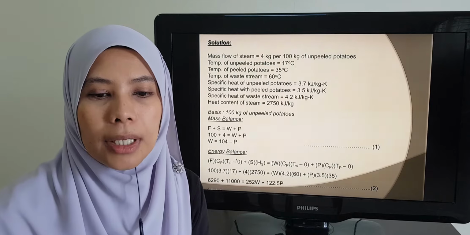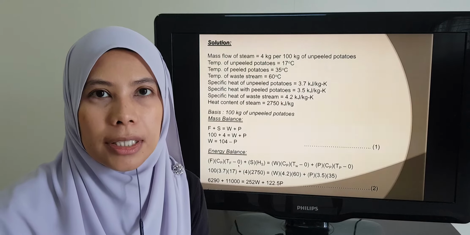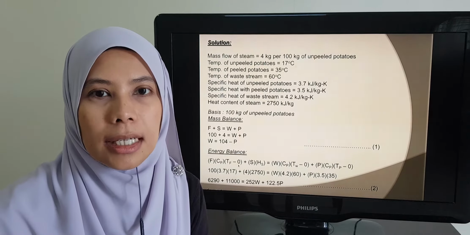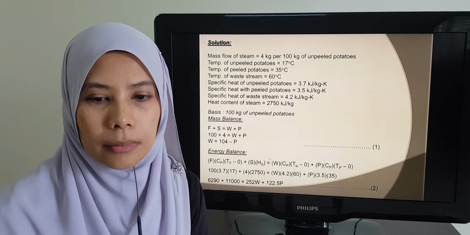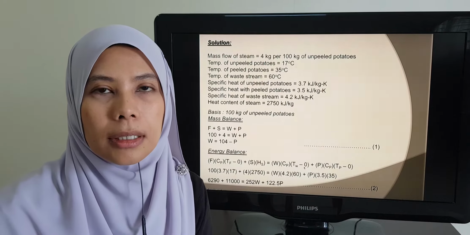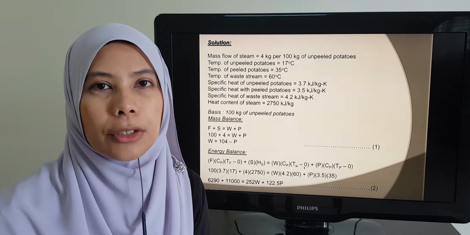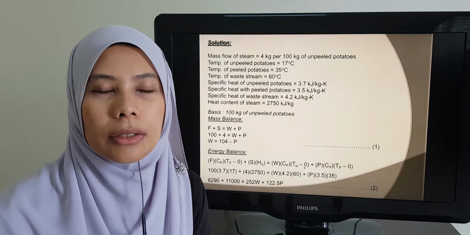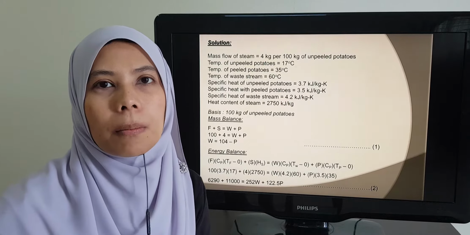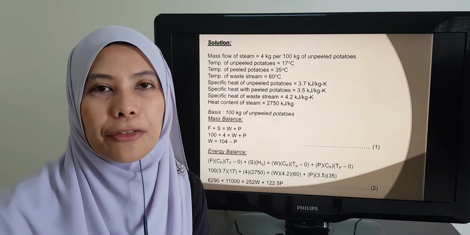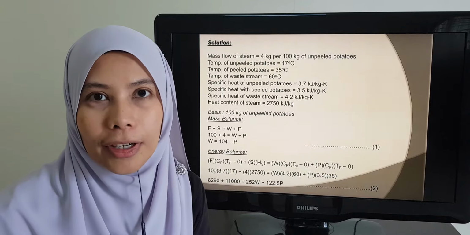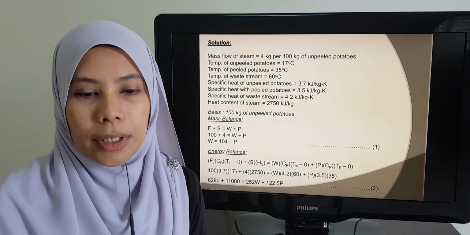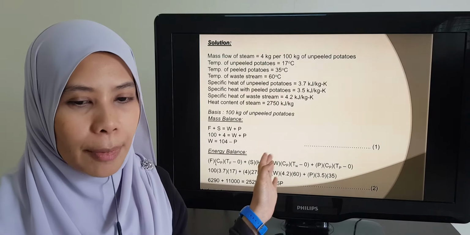So we take the reference temperature as 0 degrees Celsius. If you want to convert 0 degrees Celsius to Kelvin, there is no problem, because 0 plus 273.15 is 273.15.